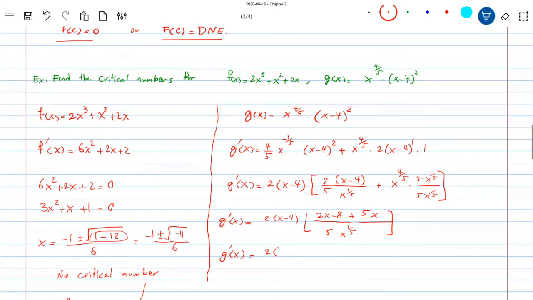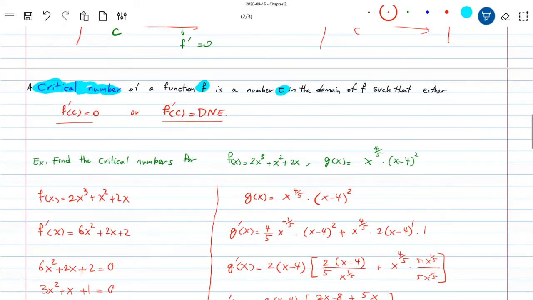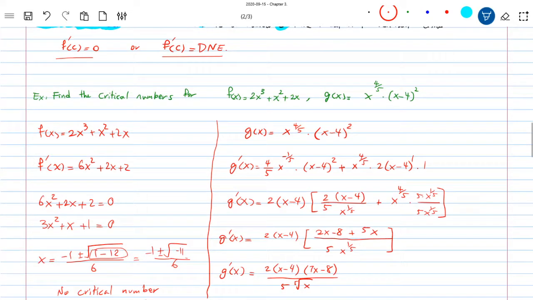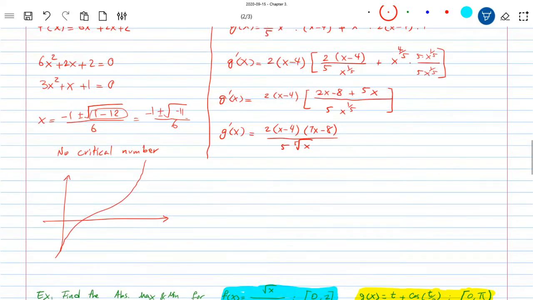So you will have 2x minus 4 times 7x minus 8, divided by 5x to the power 1/5, which I can write as 5 times the 5th root of x. This is the derivative. Now we have to check, we're looking for critical numbers. Where is the derivative 0, and where does the derivative not exist? So for that, let's consider both cases.